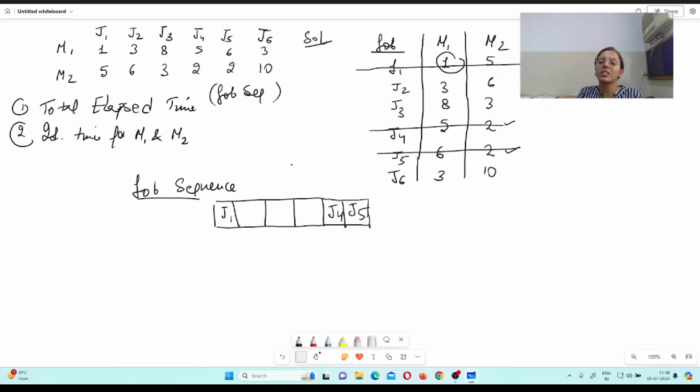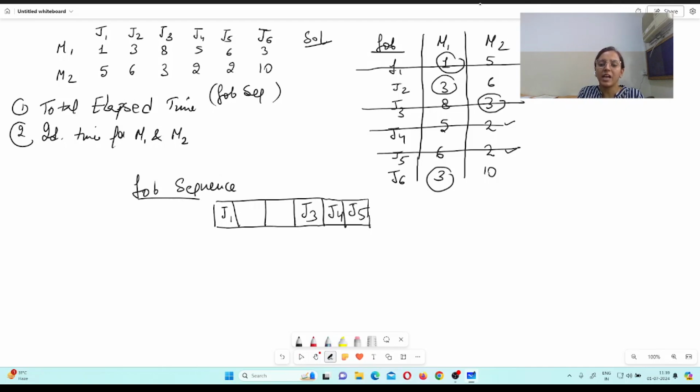Now the next least one is in the second machine. It is also there in the first machine in two parts, J2 and J6. First, it is in machine 2, that is J3. So delete J3 and write it at the end. Now the point is that it is there in J2, J4 and J6 also. Then find the one having the highest difference.